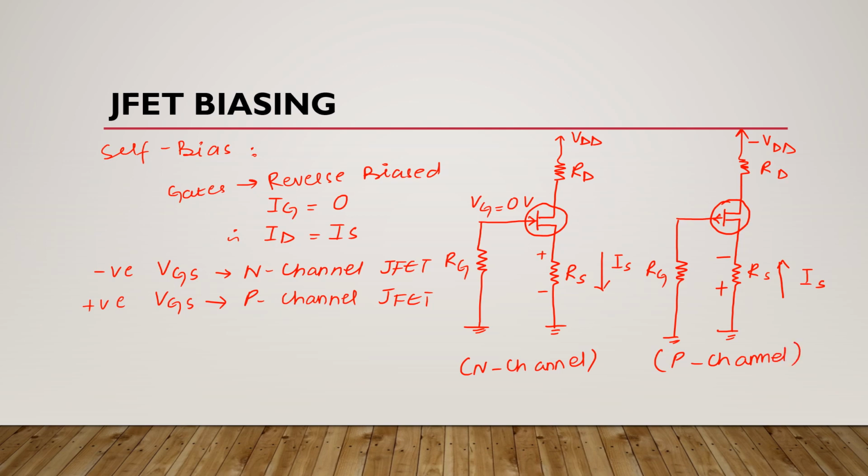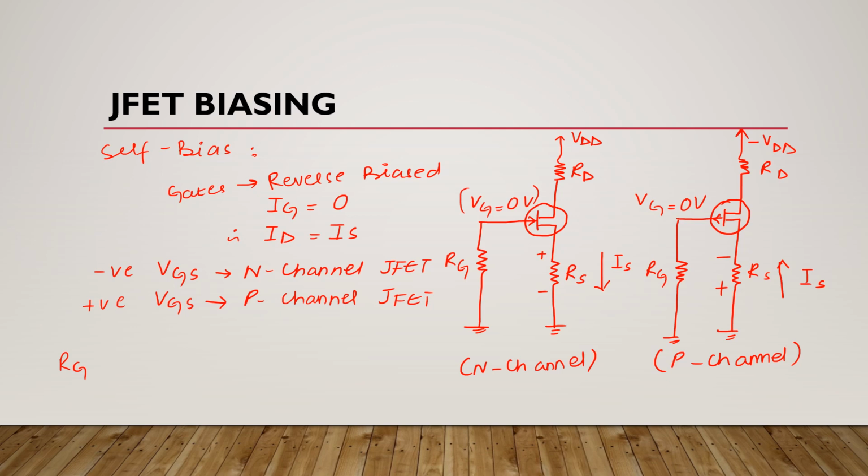Now here this gate resistor RG does not affect the bias because it has essentially no voltage drop across it. As you can see here, again VG is 0 volts.